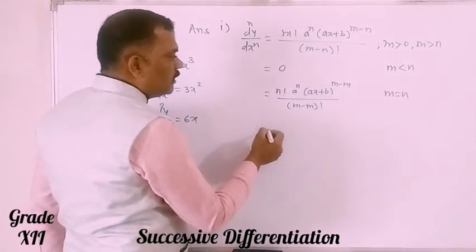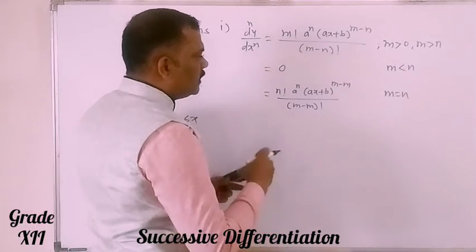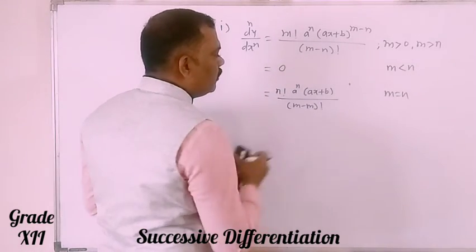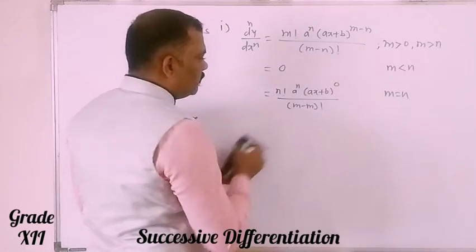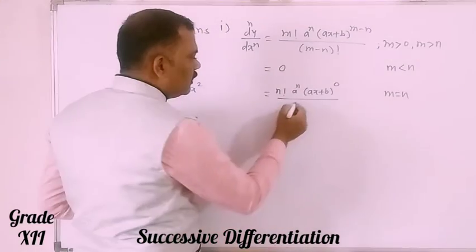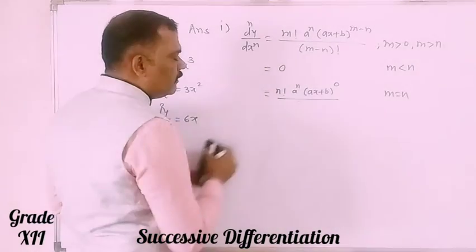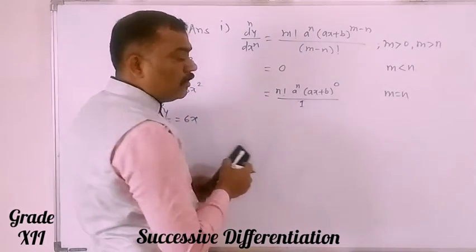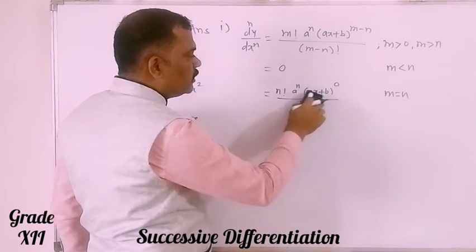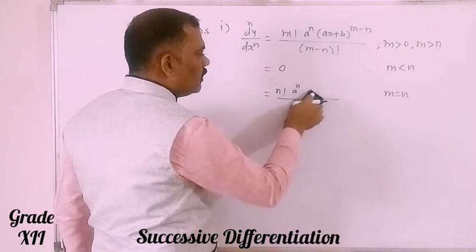Here m minus m is nothing but 0, so this is 0 factorial. And we have to know the value of 0 factorial is 1. If the power is 0, then its value is also 1.